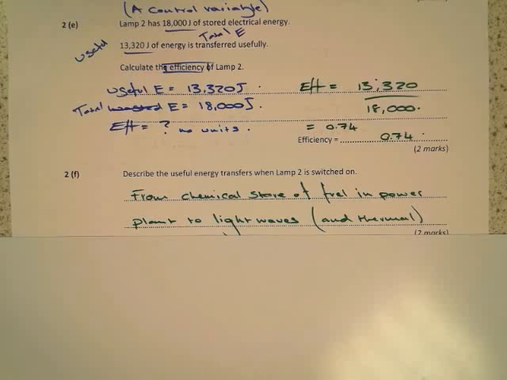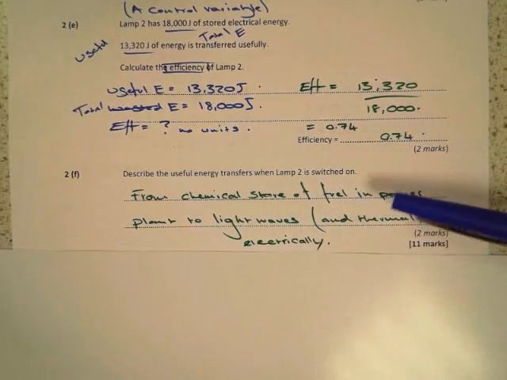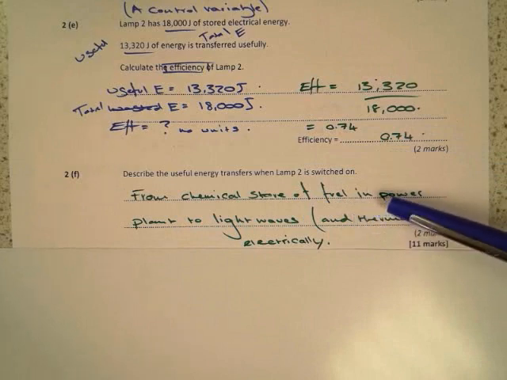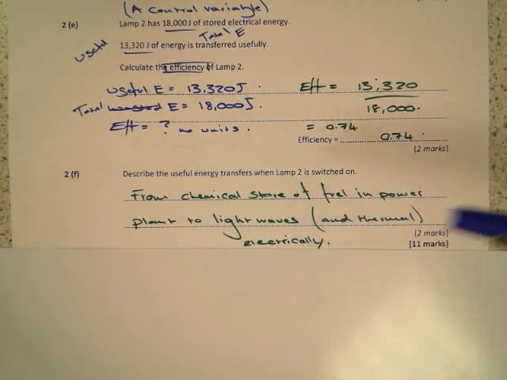That drives a turbine and a generator, and electricity is released from the generator and transferred to our homes, and the final store is going to be the light waves, and there's also some thermal energy as well. That's in brackets because it's wasted energy, and that's done electrically. Alright, so that's the energy transfer mechanism. Right, I'm going to pause the video there and come on to the second part.